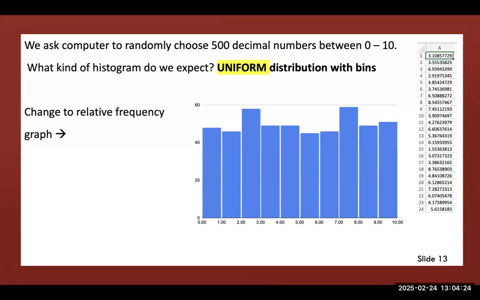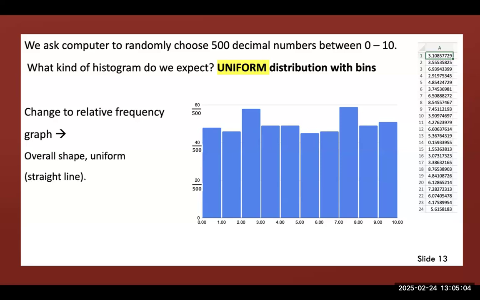Now, this is a frequency histogram because the y-axis is the number of elements in a specific bin. I can change it to a relative frequency graph by dividing everything by 500. The actual sizes of the columns don't change with respect to each other. Instead of going all the way to 60, we're going to 60 over 500, which is a number smaller than 1. But in relation, all of these columns have the same look, and the same distance between them. So it looks like the same histogram is what I'm trying to say.